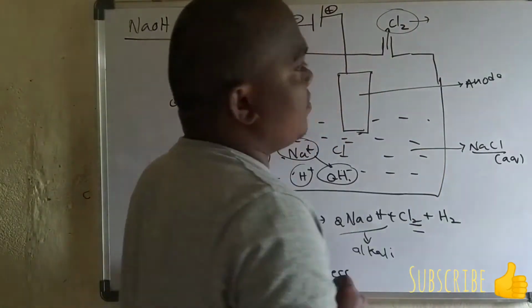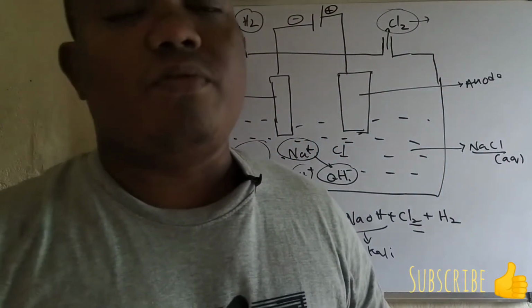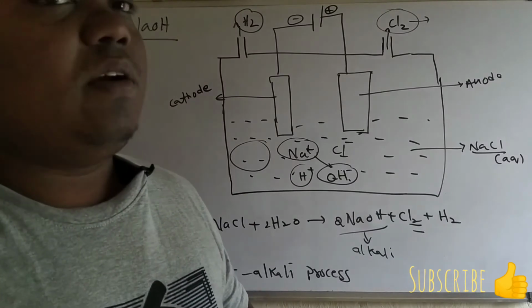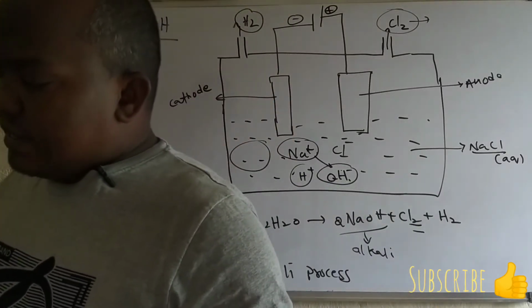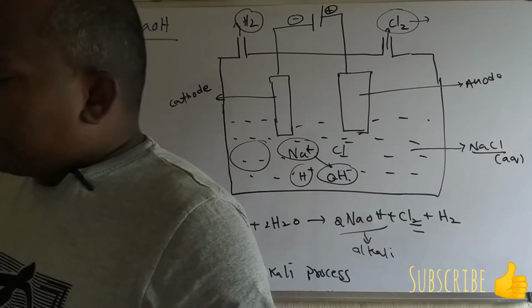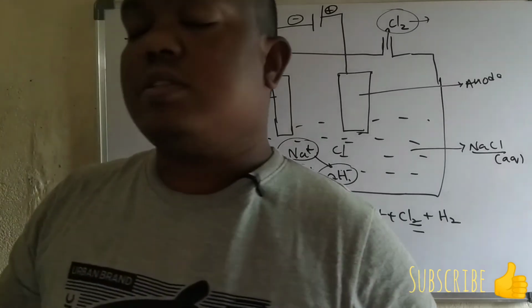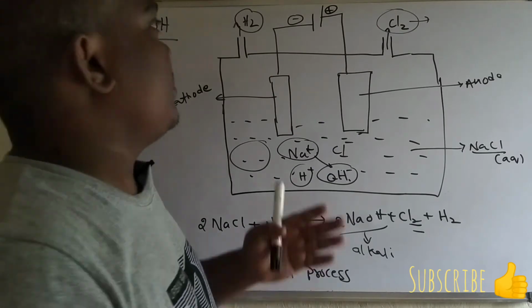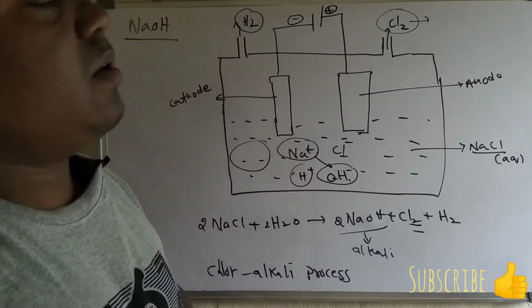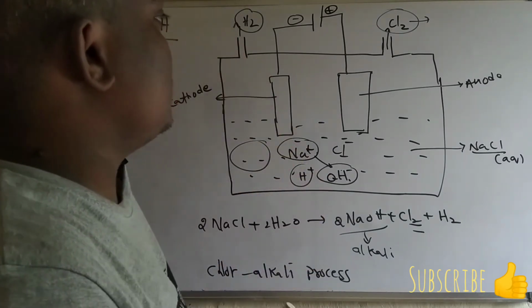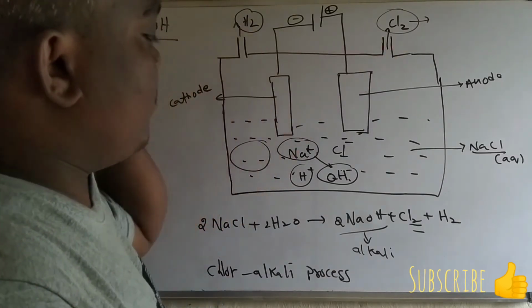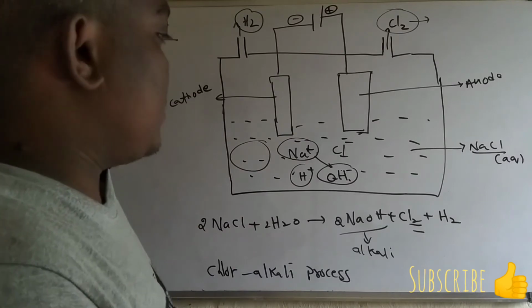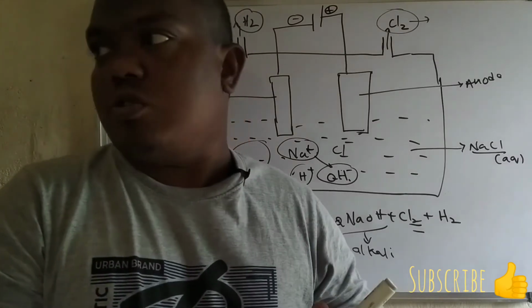Chlorine is used in the purification of water, and in oxidizing agents. Hydrogen is used in fuels and in the preparation of ammonia. These are the uses of the byproducts from this process. Let me move on to the next topic.